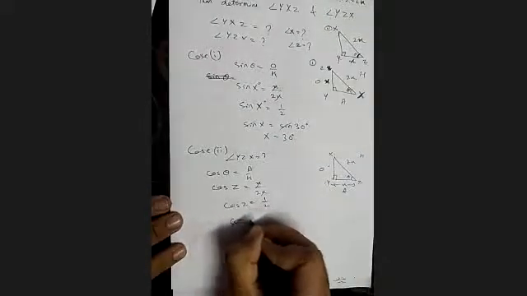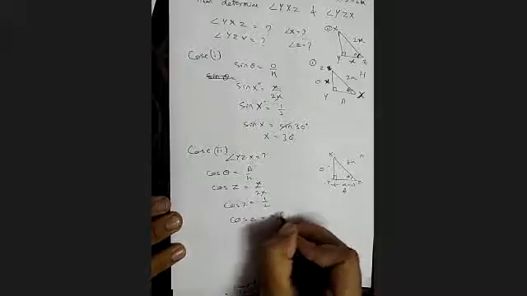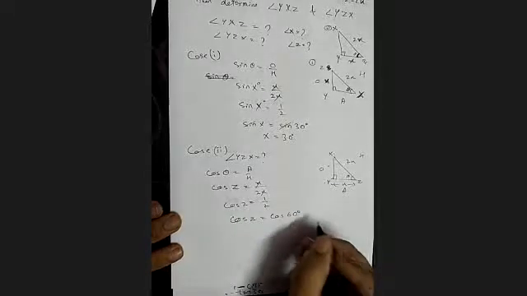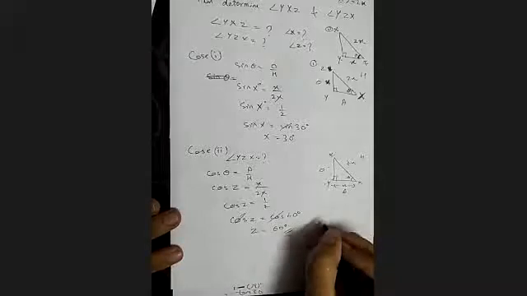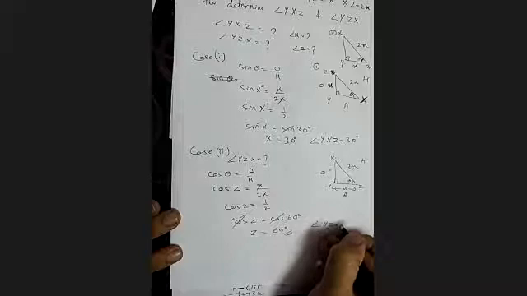Cos is 1 by 2 at 60 degree. So cos Z is equal to cos 60 degree. You can cancel out this cos and cos. You will get Z is equal to 60 degree. So our angle YXZ is equal to 30 degree. Angle YZX is equal to 60 degree.